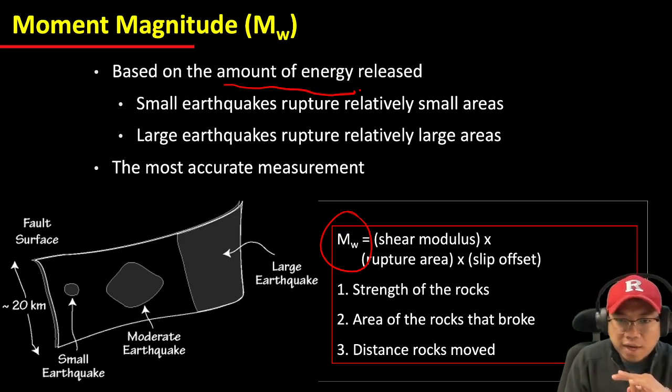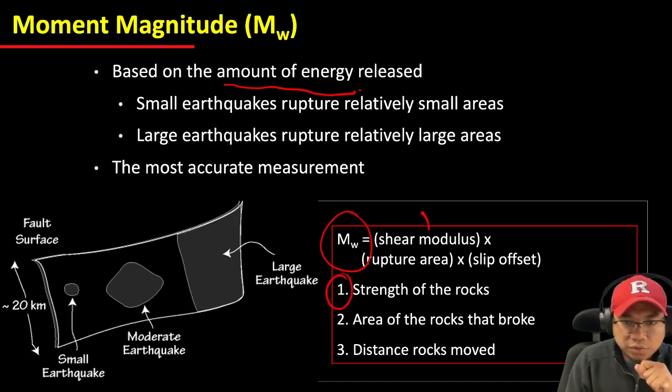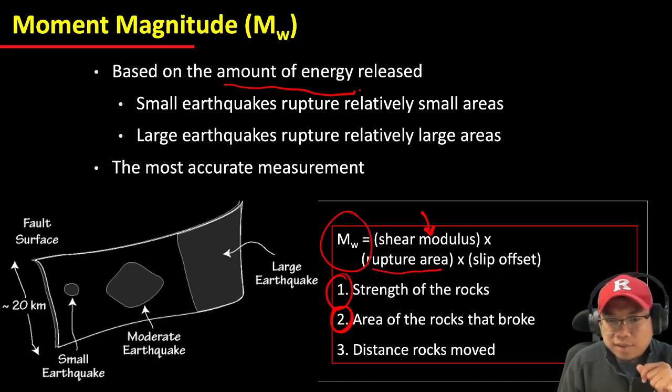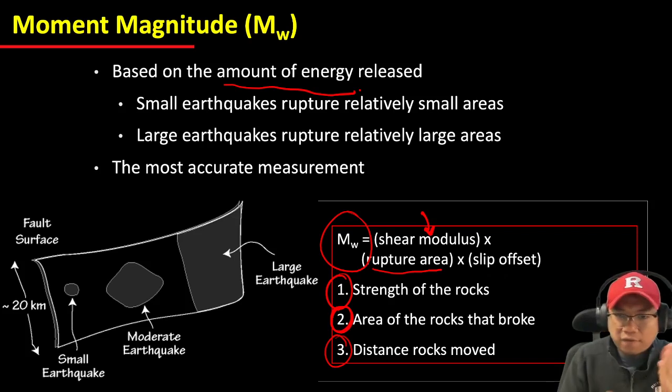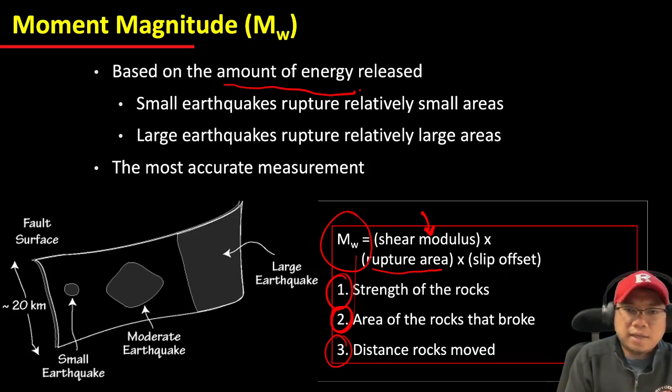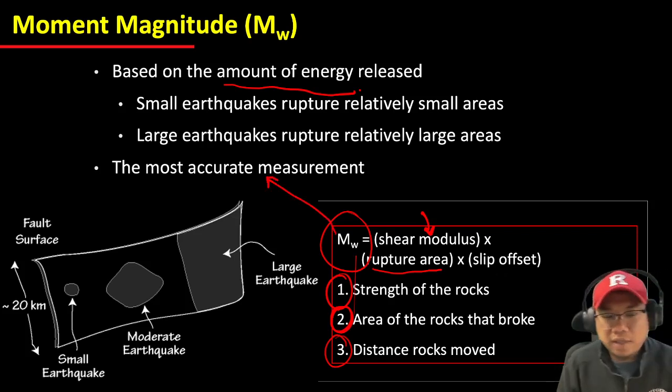The first one is the strength of the rocks, measured by the shear modulus right here, and the second one is the area of the rocks that broke, or the rupture area, and then it also takes into account the distance the rocks move along a fault. Okay, so because these are measurements, this becomes the scale that is mostly accurate and more reliable.